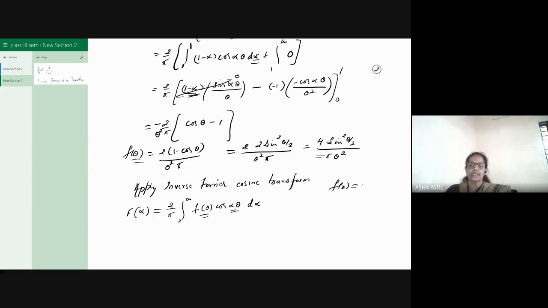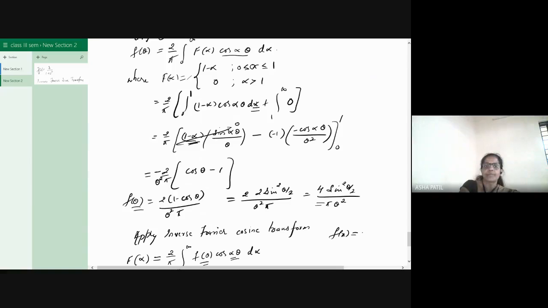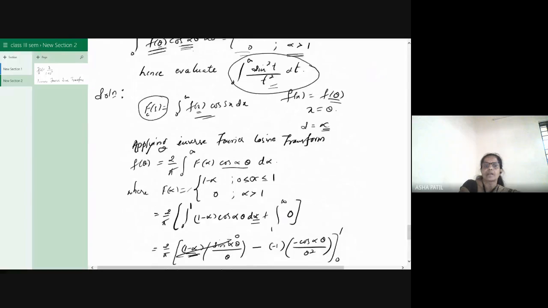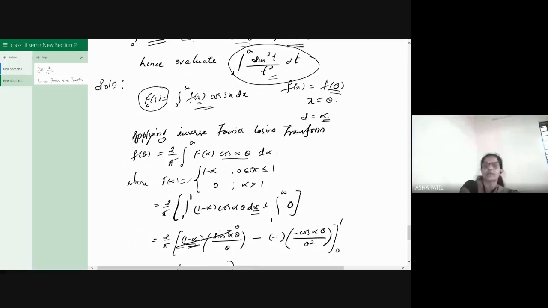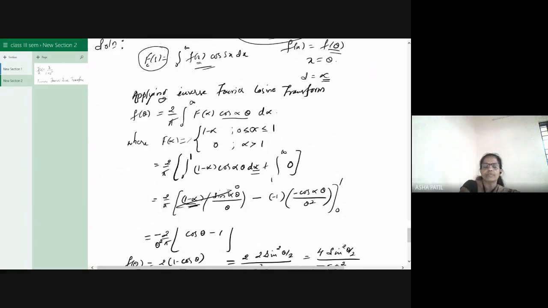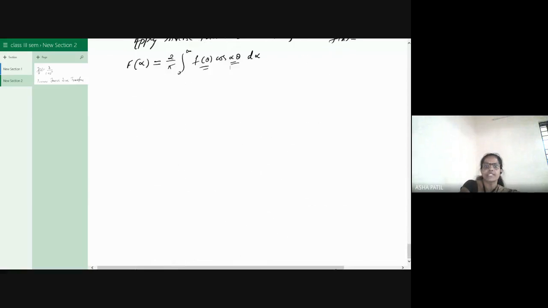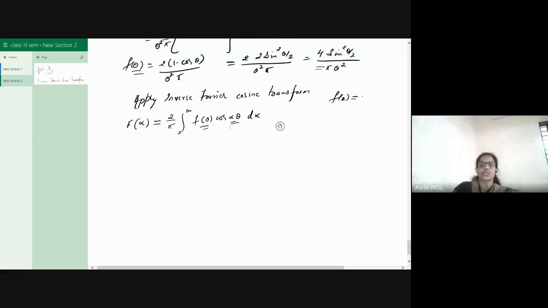So we'll be taking this now. What is f of alpha? You know the value of f of alpha? It is 1 minus alpha for the interval 0 to 1. Now that we will be substituting later.